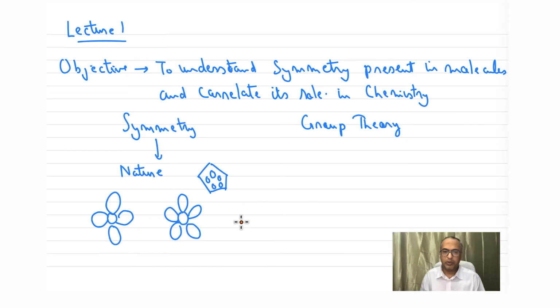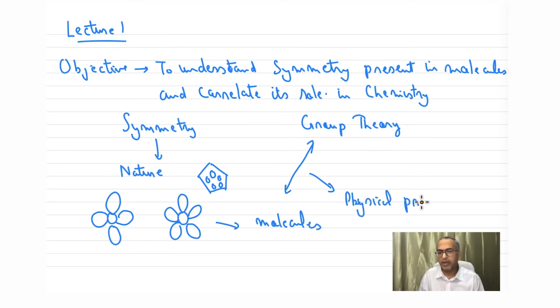Now, what we are going to do in this course is tap that information and try to visualize symmetry in molecules. Then we'll try to group molecules based on symmetry. Once we do that, we will combine the rules of group theory with the symmetry, and then try to predict or explain physical properties of molecules.